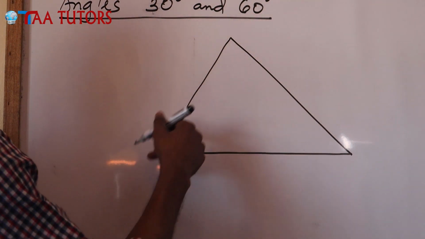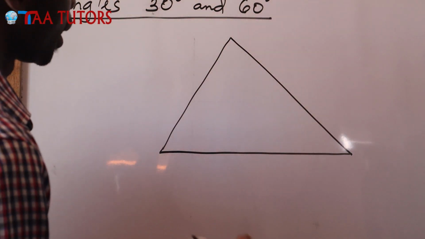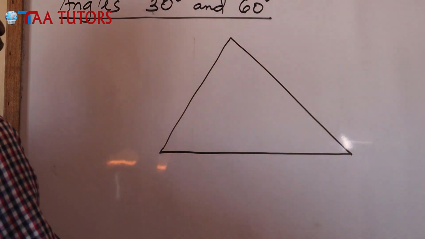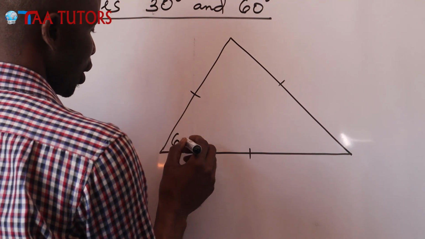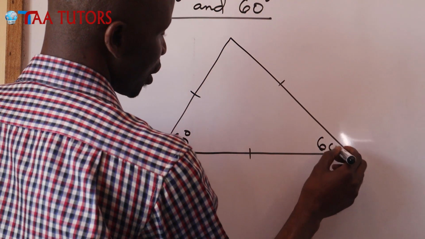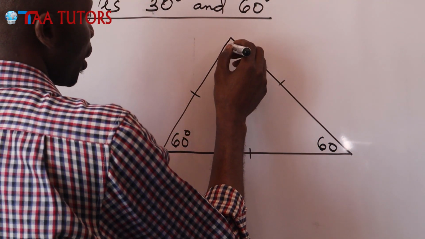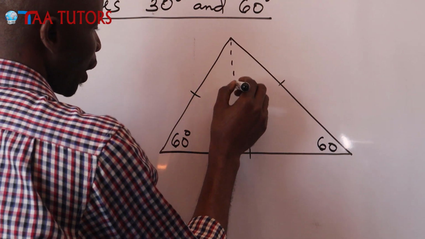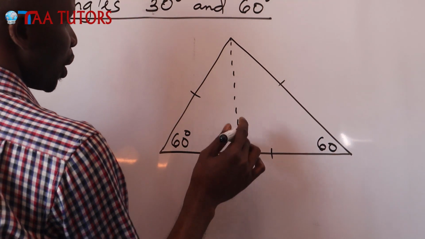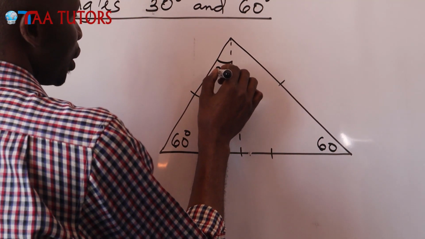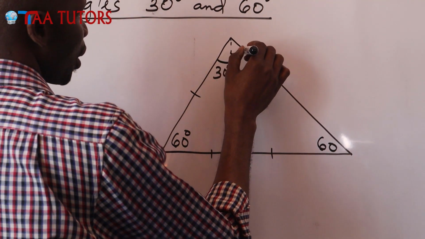We know the sum of angles in a triangle is 180. So if I draw an equilateral triangle where this is 60 degrees, this is 60 degrees, I can bisect the other angle so that this and this are equal, meaning here I get 30 degrees and here I also get 30 degrees.